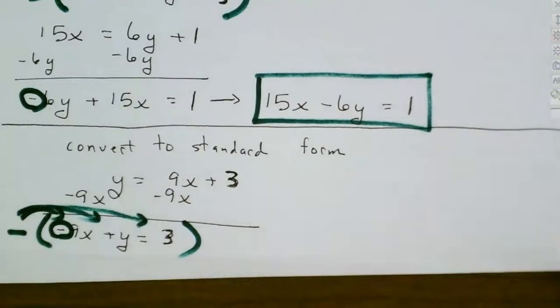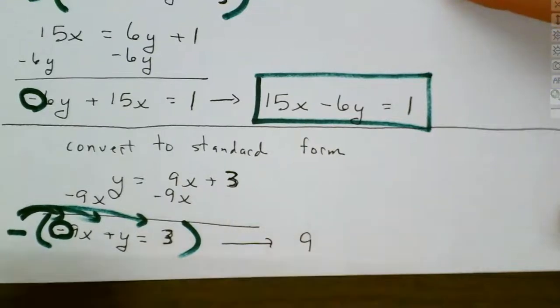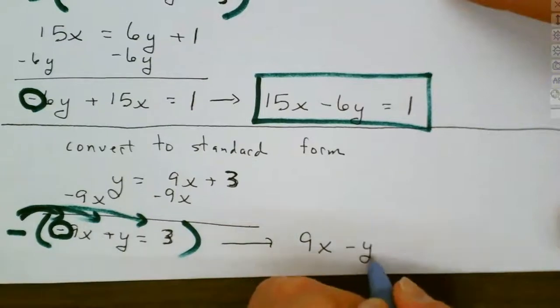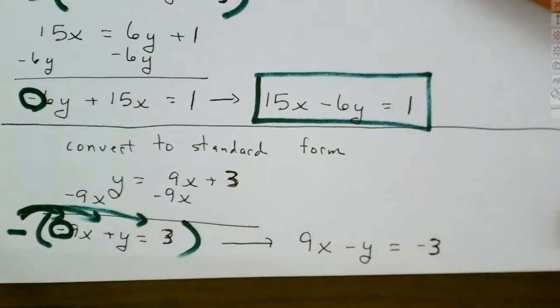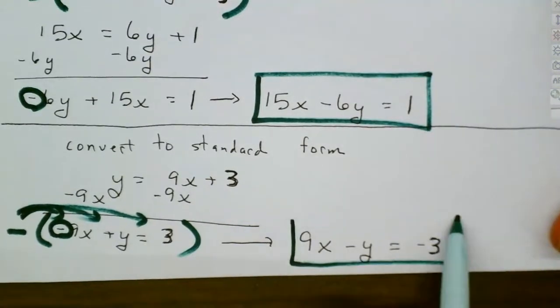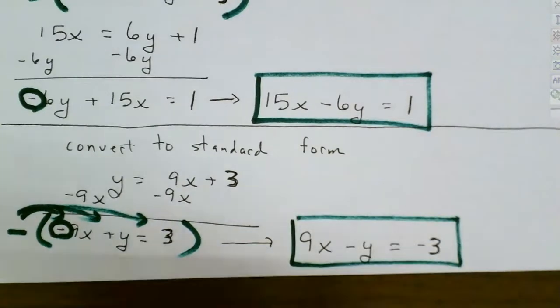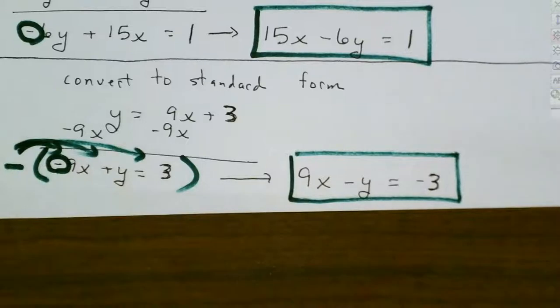Now when I rewrite this, that's going to change my signs, and that's going to make it 9x minus y equals now a negative 3. And is this in standard form? Yes, no fractions, no decimals. The x and the y are on the left-hand side. It starts with the x, and the x is positive.